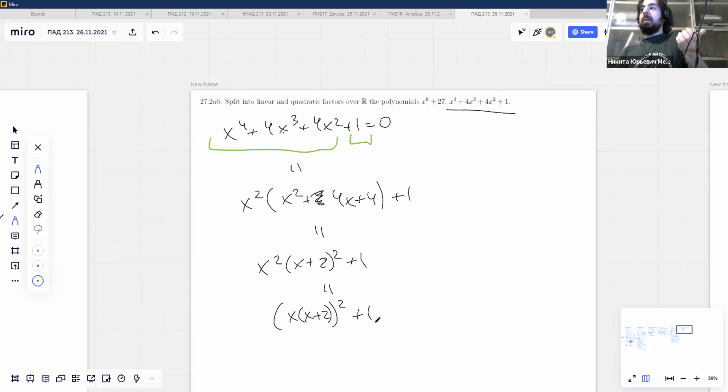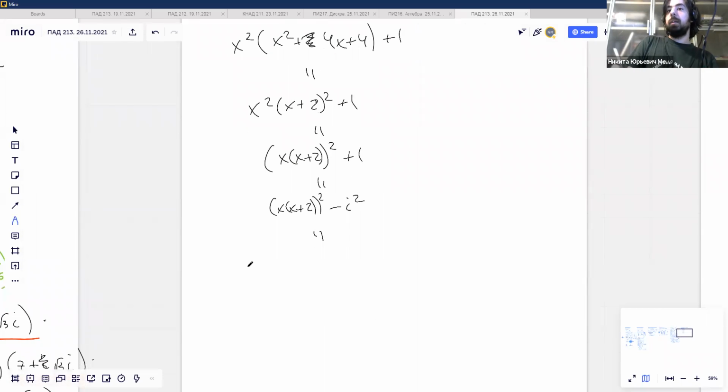Complex numbers bring a huge joy for us. Now plus and minus are the same. Plus 1 is minus i squared. So any sum of squares becomes a difference of squares.